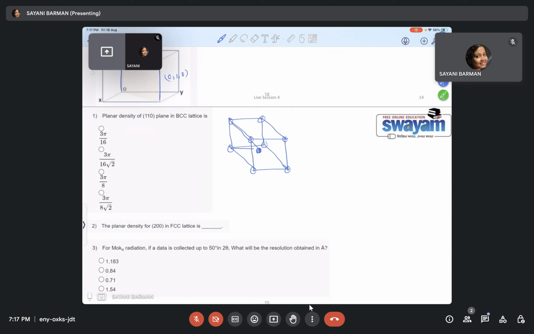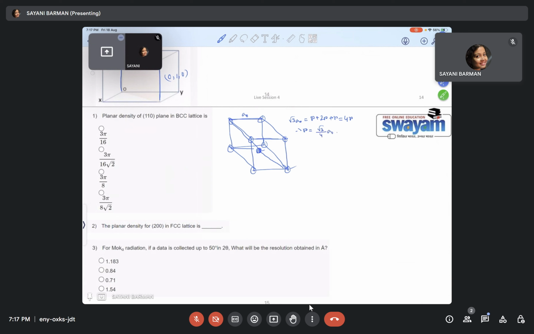So I'll just draw it like this. This is the body diagonal, which is root 3 A0, if A0 is each edge. The body diagonal will be equal to R plus 2R plus R, which is 4R. Then R equals root 3 by 4 A0.